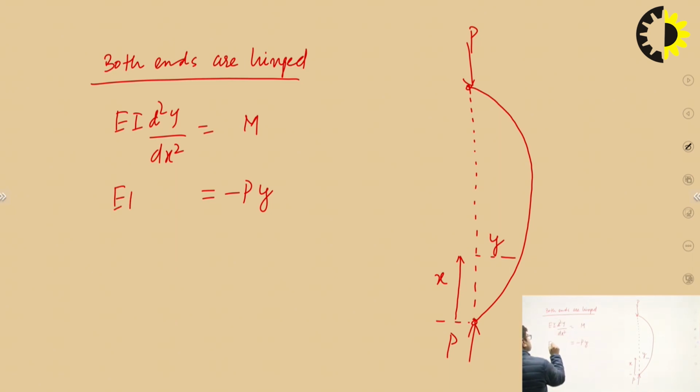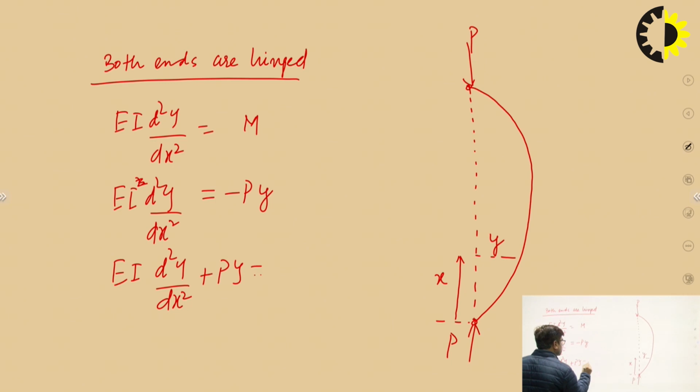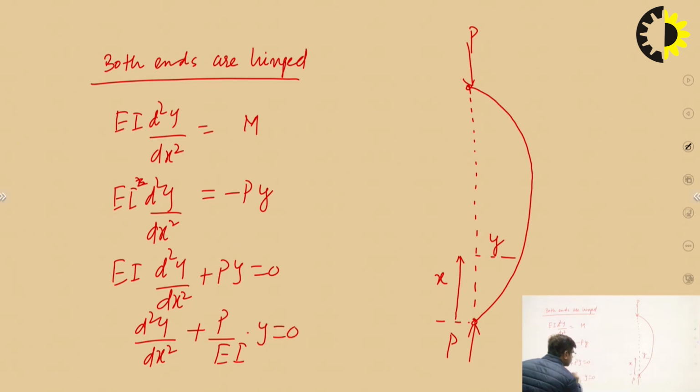Now rearranging the equation, EI d2y by dx square plus Py equal to 0. Dividing by EI, it reduces to d2y by dx square plus P by EI into y equal to 0.